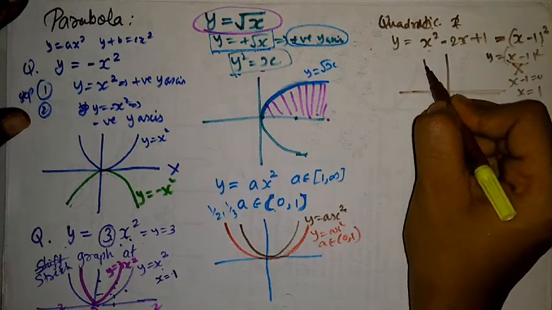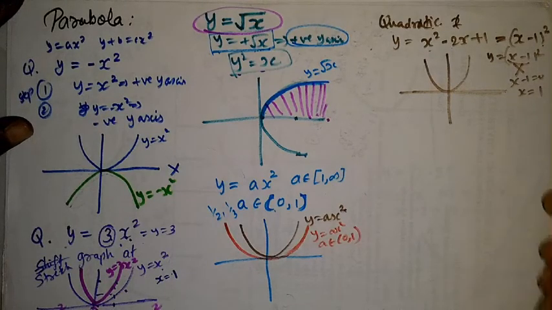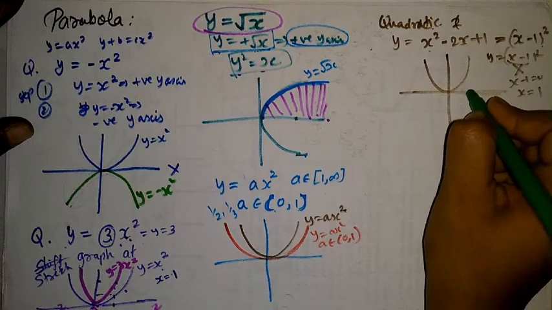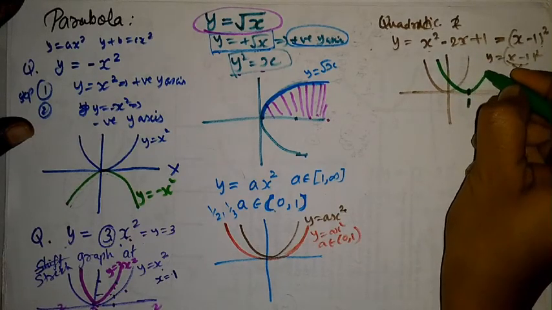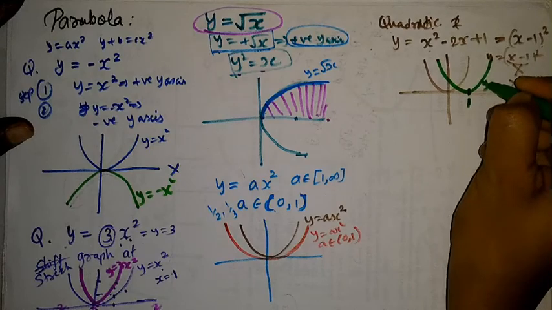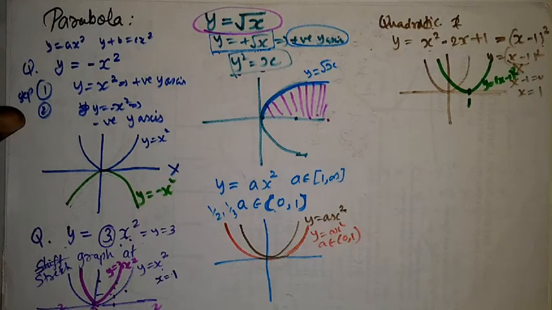We know that y is equal to x square graph is like this. So when it is y is equal to x minus 1 whole square, this graph will intersect at x is equal to 1. So this graph will be like this. In such way you can draw the quadratic graph also.